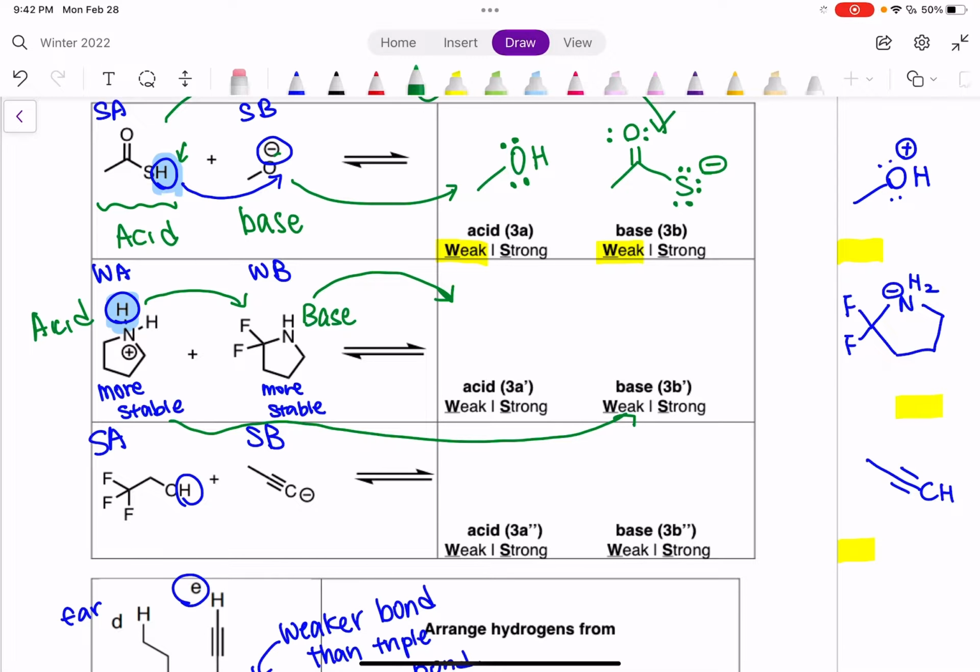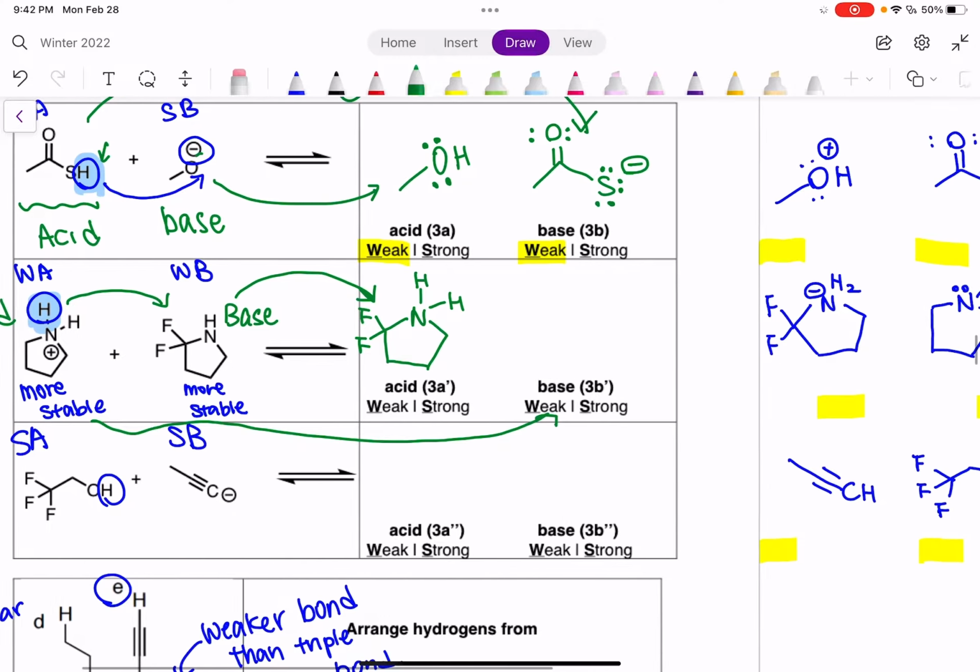If added one proton. So let's just draw the weird thing right here, and H. Let me just make it a dot, like 2 bonds of H and H. And here we have 2 fluoride.